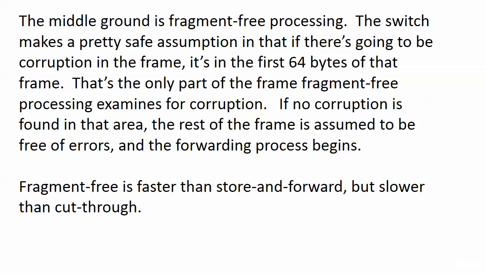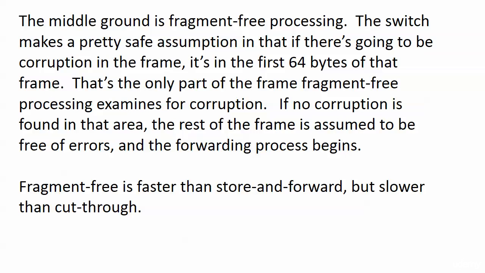Fragment-free processing. What's happening with fragment-free is that the switch makes an assumption, which is pretty safe, that if there's going to be corruption in the frame, it's going to be in the first 64 bytes of the frame. That is the only part of the frame that fragment-free processing examines for corruption. And if it doesn't find any corruption in the first 64 bytes, it says, okay, you're good, go ahead, pass, and the forwarding process begins.